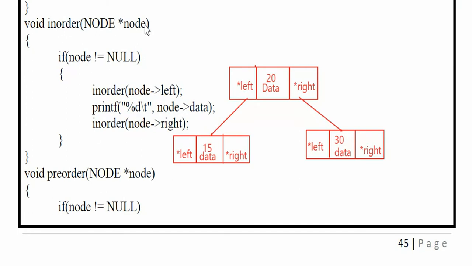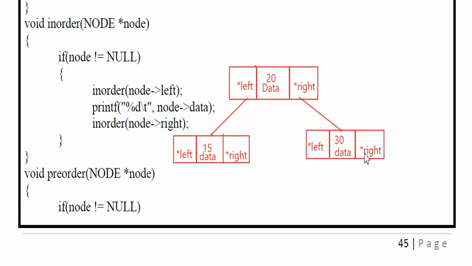Consider the in-order traversal of the binary search tree. If the node is not equal to null, that means the root node is not null, we call the in-order function. The left child will be called recursively in order, then we print that particular node's value, and then call recursively the right child of the tree.